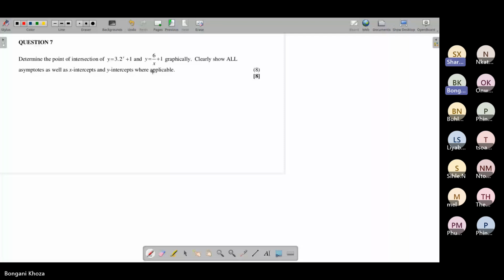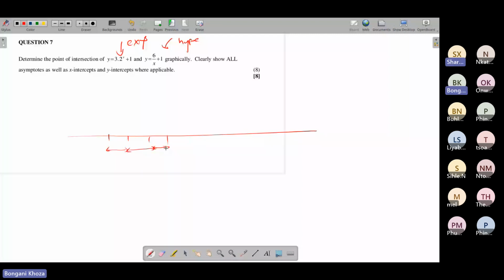So here they're asking us to find the point of intersection of those two lines. So this one is an exponential. This one is a hyperbola, right? So if they're not going to give you graph paper, remember, these things have to be 1 centimeter apart.